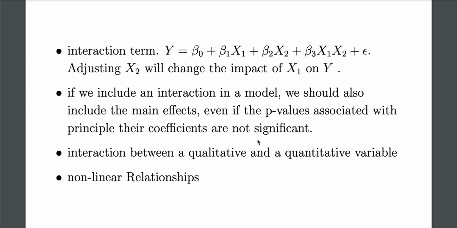And when we have an interaction between a qualitative and a quantitative variable, we are saying that we are interested in fitting a regression model that gives us separate coefficients depending on what the qualitative variable is. So it is similar to fitting different regression models for every value of this qualitative variable.